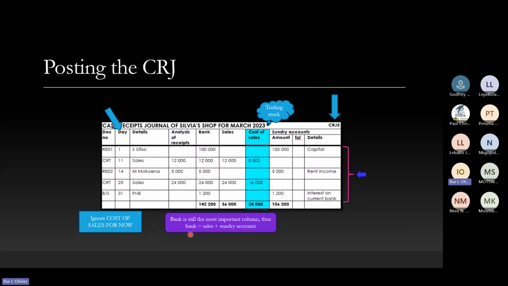So you take bank equals sales plus your sundry account. So if we take this 36,000, we add it to 106,200, then we get 142,200. We said that the rule is bank is debited and the rest is credited except for cost of sales.